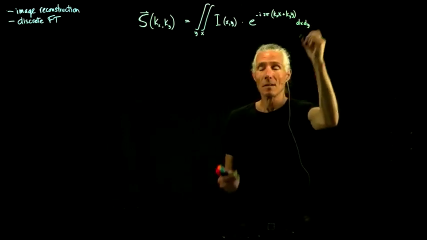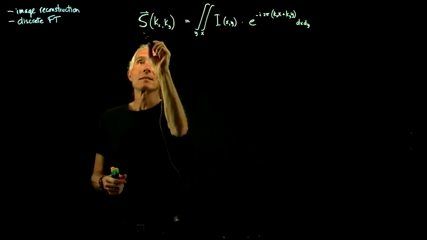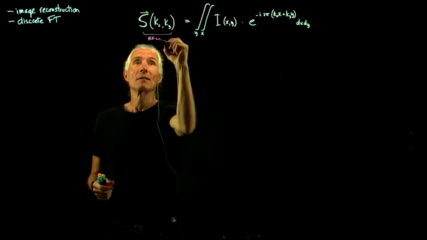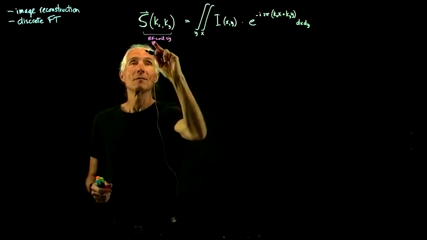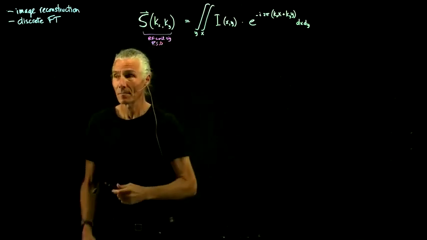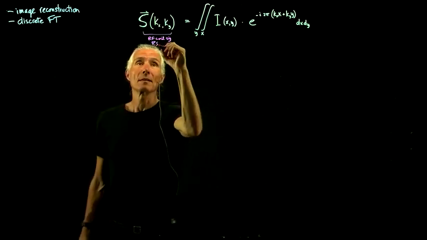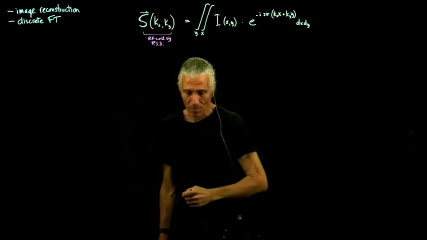So what's doing this again? This is the RF coil signal as a result of phase sensitive detection, because it's a complex vector that's coming out. And what does the sum?